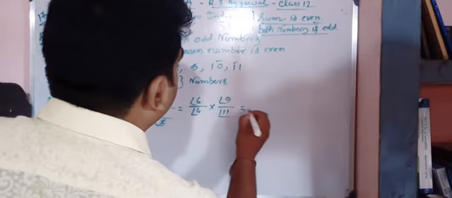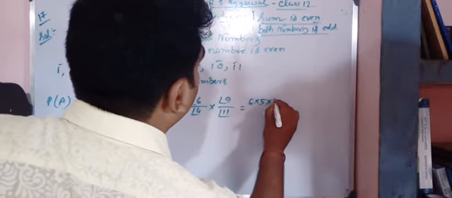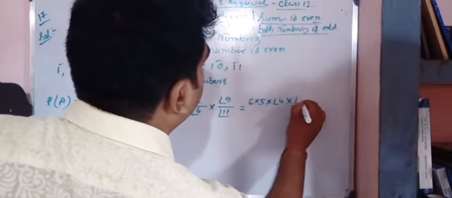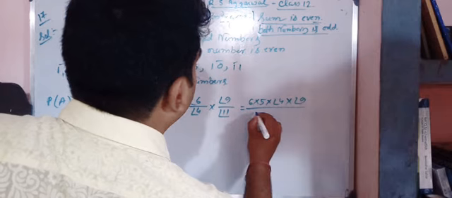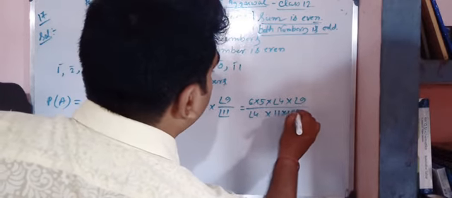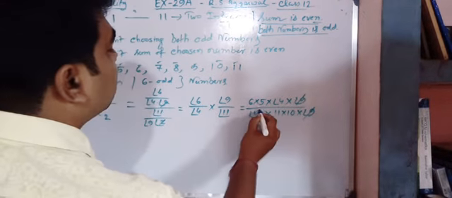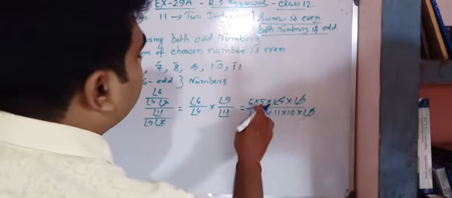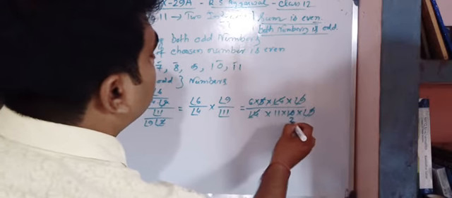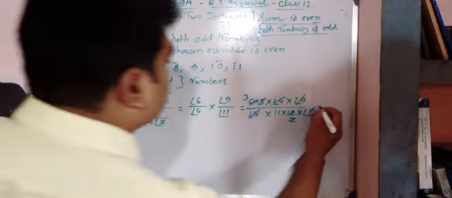Here 6 means 6 into 5 into factorial 4, into factorial 9, divided by factorial 4 into 11 into 10 into factorial 9. Factorial 9 cancels, factorial 4 cancels, and if we calculate, we get 3 by 11.